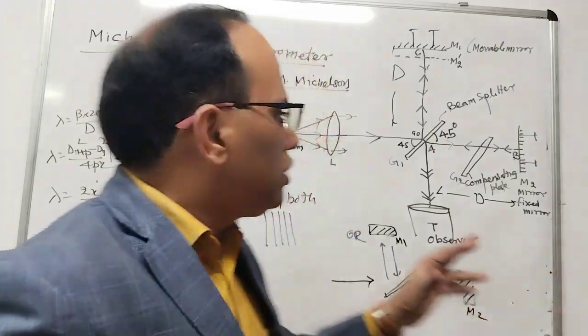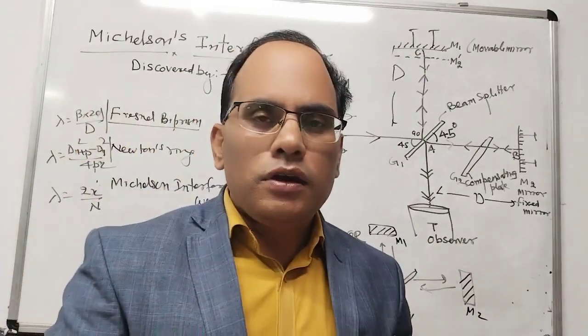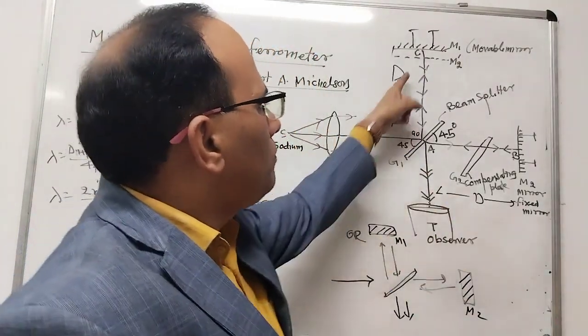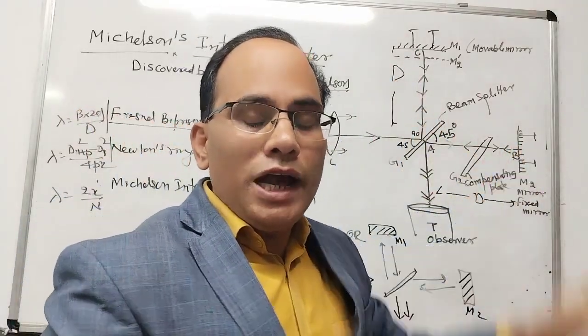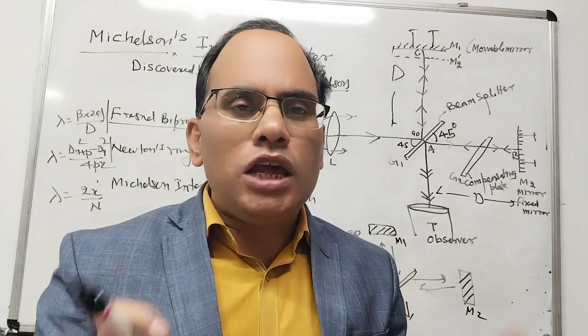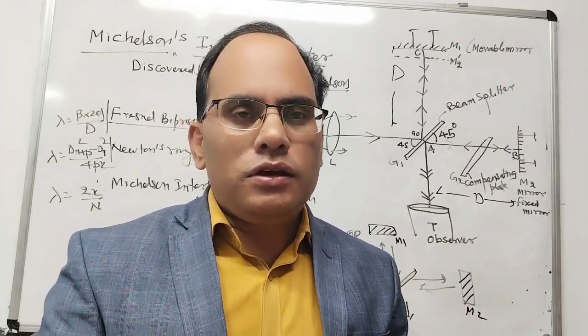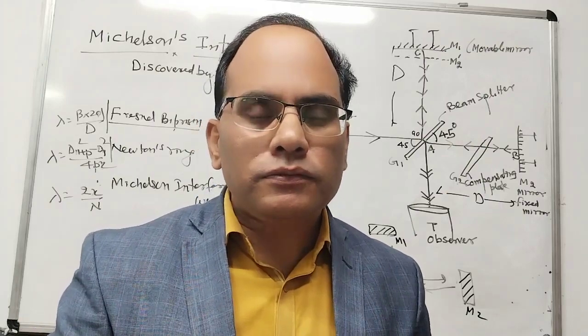Here you can observe that there is a single source. From this source two rays are emitted towards mirror M1 and mirror M2, and they are derived from the single source, and they are in a position to interfere.